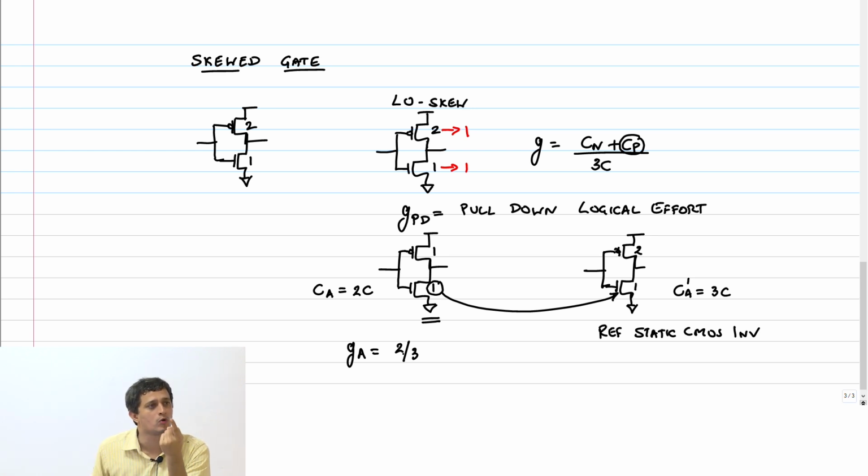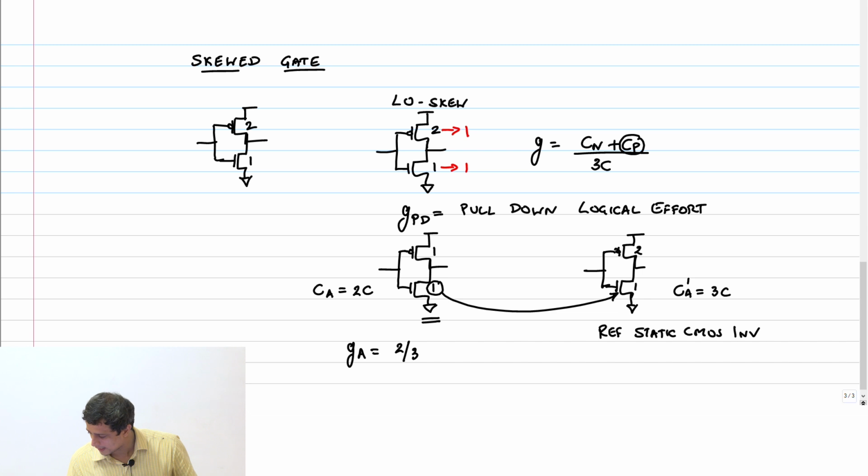What's your intuition about what will happen to the logical effort on the rising edge? It has to increase because that's how I have brought this guy down by sacrificing that edge. I've been mucking around with the PMOS transistor, and therefore I have to pay a penalty there.